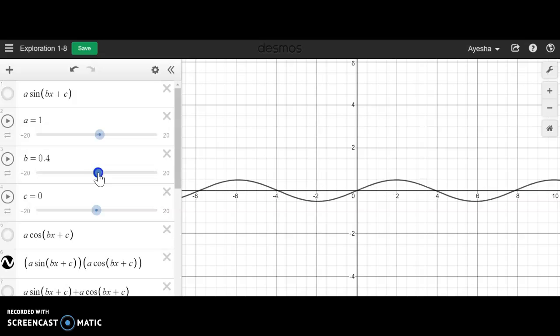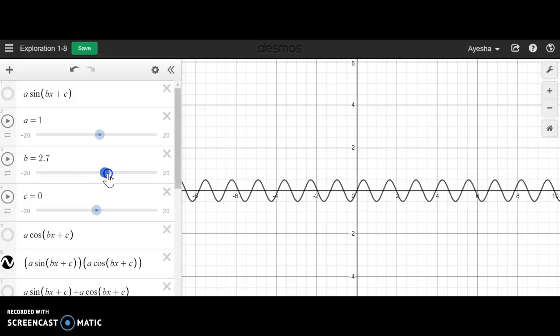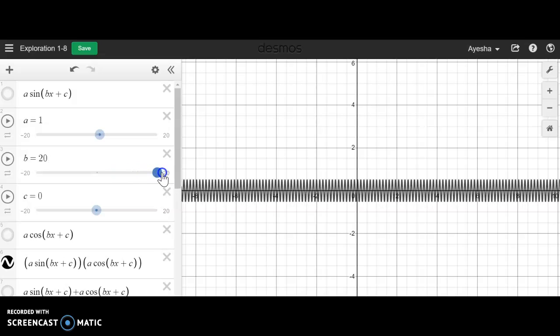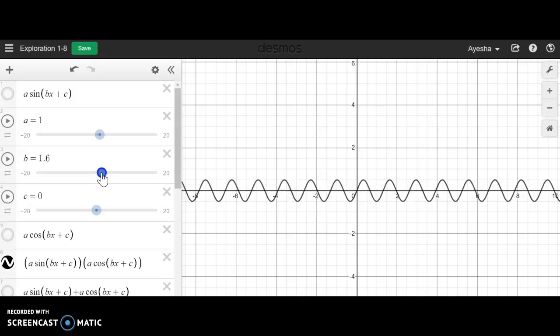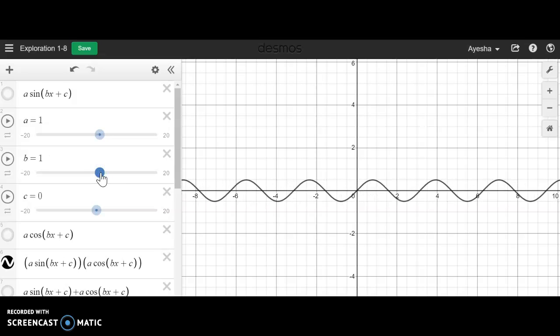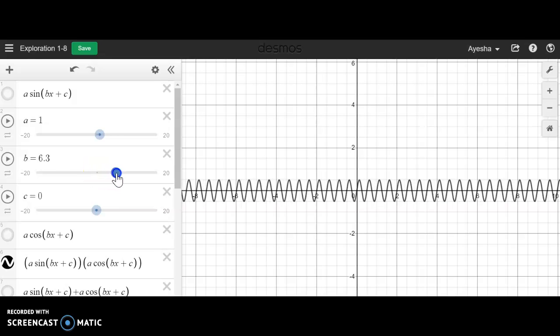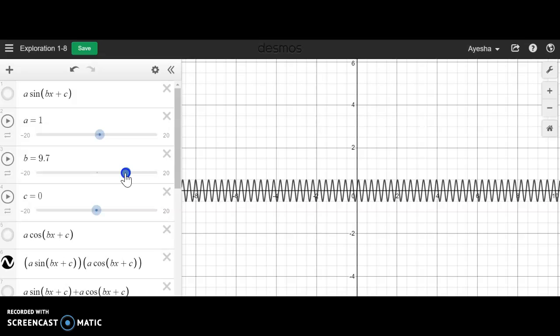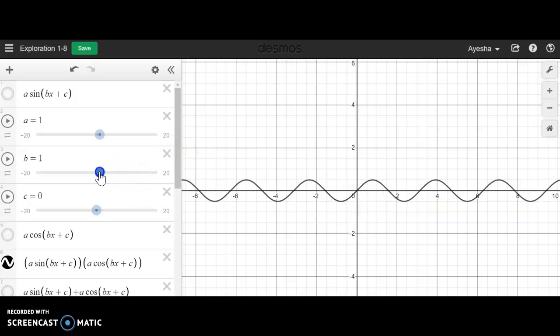So that number is big when we have a small number, but 2 pi over b is small whenever our number gets bigger. So the width of the period is getting smaller. So we're getting more of these iterations in one measure of 2 pi. So there's that.